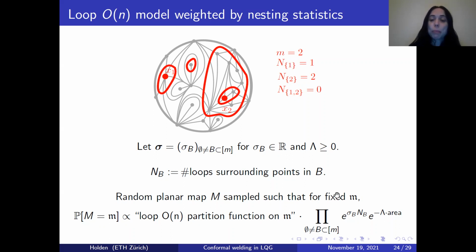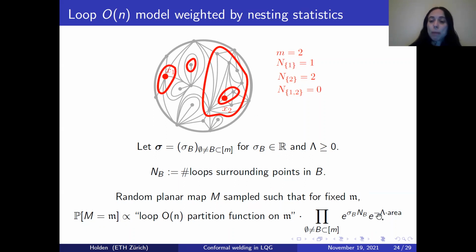But now we are also multiplying by this term depending on the nesting statistics defined via n_B. There should actually also be an expectation around this term, which averages over all possible loop configurations.